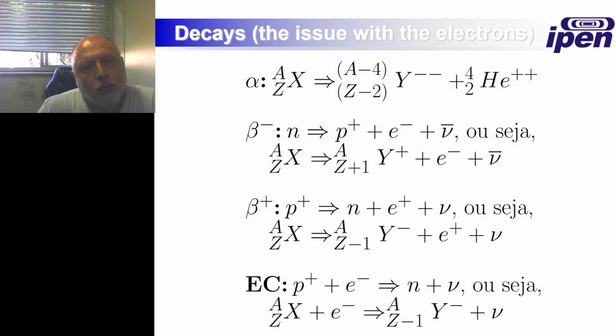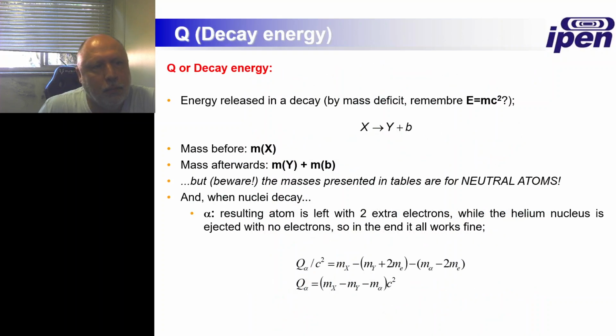This will be important for the calculations we'll do now, because now we're talking about the decay energy. I told you the decay happens because of the mass deficit, right? Remember, when you have a decay, you must release energy. Let's say this is the decay.